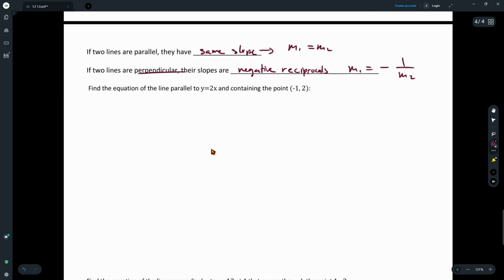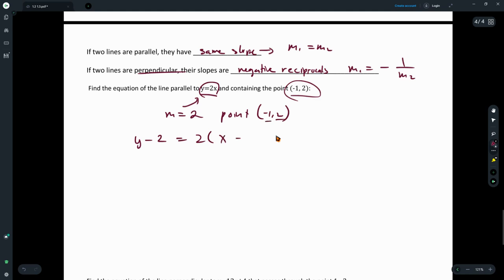Okay, so here is a line. They want you to find the equation of a line parallel to this, but contains this point. So if it's parallel to this, the slope has to be the same. So the slope has to be 2, right? And it has that point. So you can write the equation in point slope form easiest. So y minus the y value equals the slope times x minus the x value.